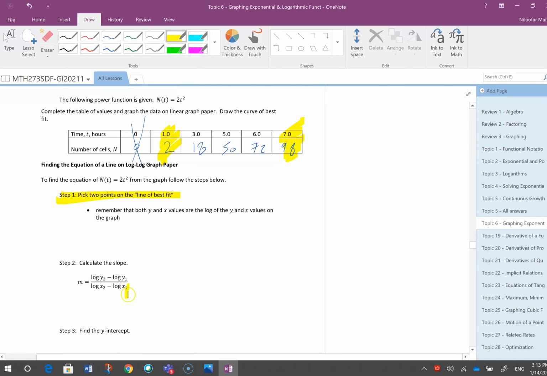Then find the slope. The slope is the change in log of y and the change in log of x. What is the slope? A slope is y2 minus y1 divided by x2 minus x1. But for log paper, I have the logarithm for both of them, so I have to use this. Okay?